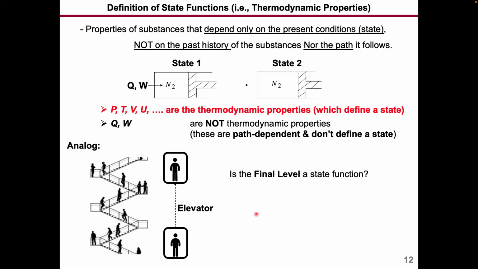So in this particular case, let's ask: is the final level a state function? Here we are on the ground level, and here we are on the third level. If I start here and finish here, no matter if I go by elevator or by stairs, the initial level and the final level don't change.